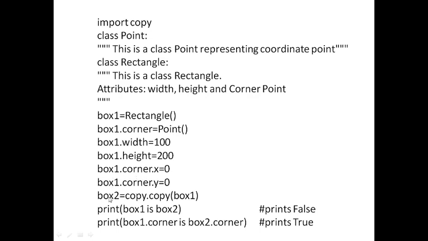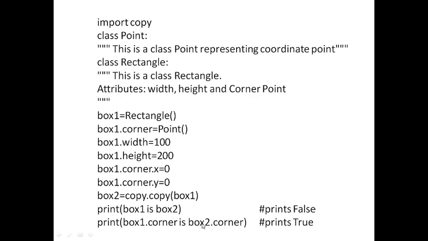So box2 equals copy.copy(box1). We have copied it, not aliased it. When you try to find box1 is box2, it returns false because box1 and box2 are different objects. But when you print box1.corner is box2.corner, it returns true.